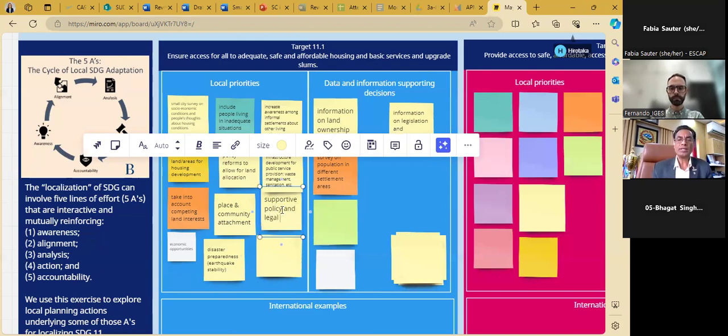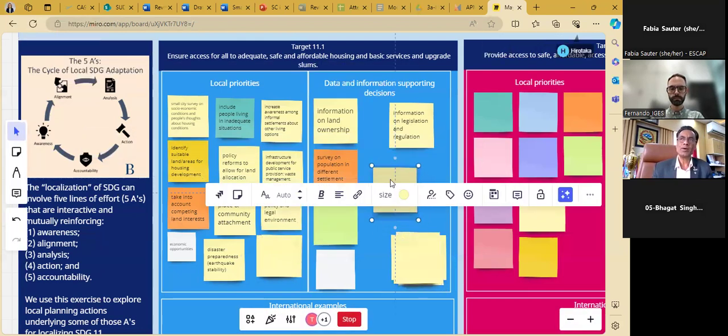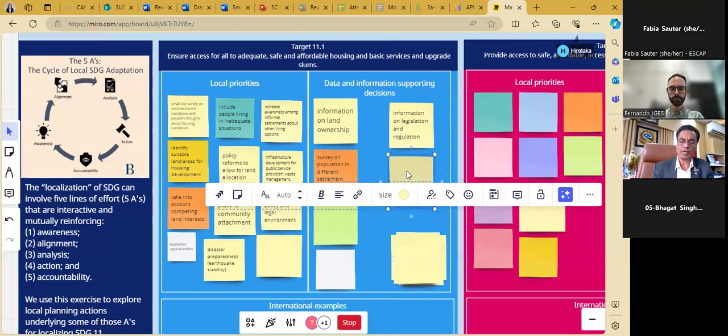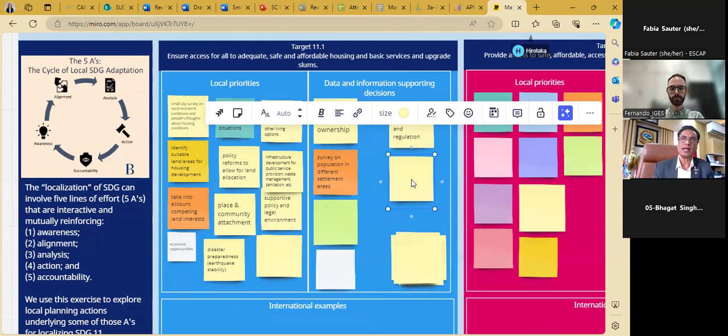And other is our data and information. We are collecting the data and information, so we need our bureaucrats at the service level, our management service level in the ward sector and the municipality sector.